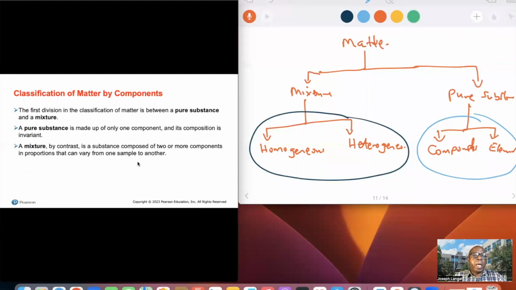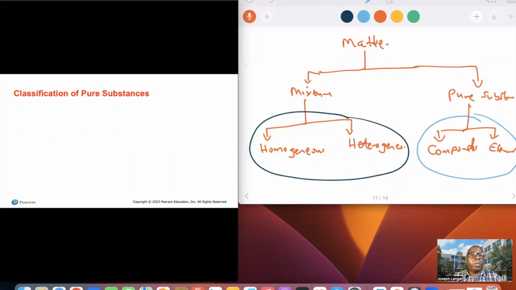A mixture, by contrast, is a substance composed of two or more components in proportions that can vary. Underline the word vary here, from sample to sample. If you make a mixture of sand and sugar, you may not have a uniform mixture. You may have a high concentration of one component in one region and of the other component in another region.